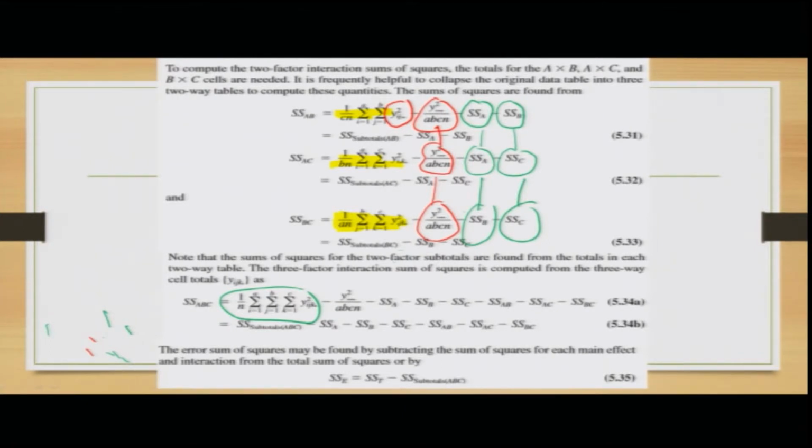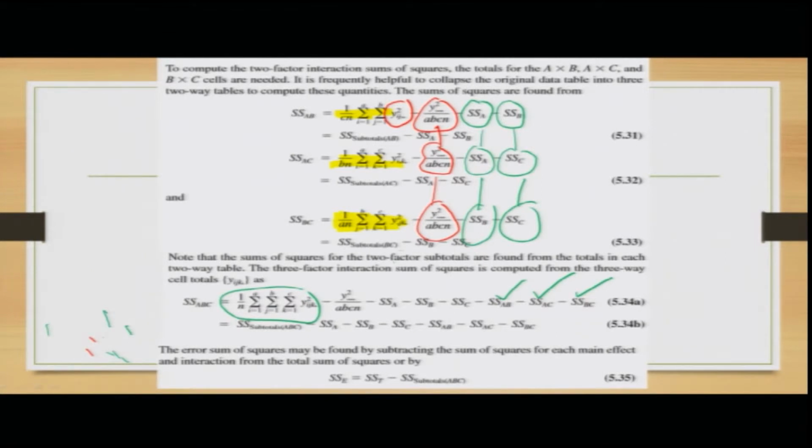And now you have to minus the values SSA, SSB, SSC individually, then the combinations SSAB, SSBC and SSAC.